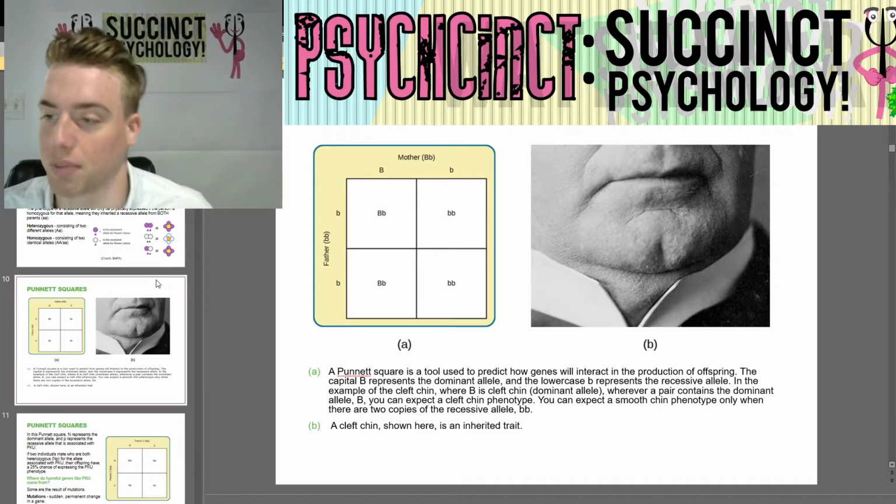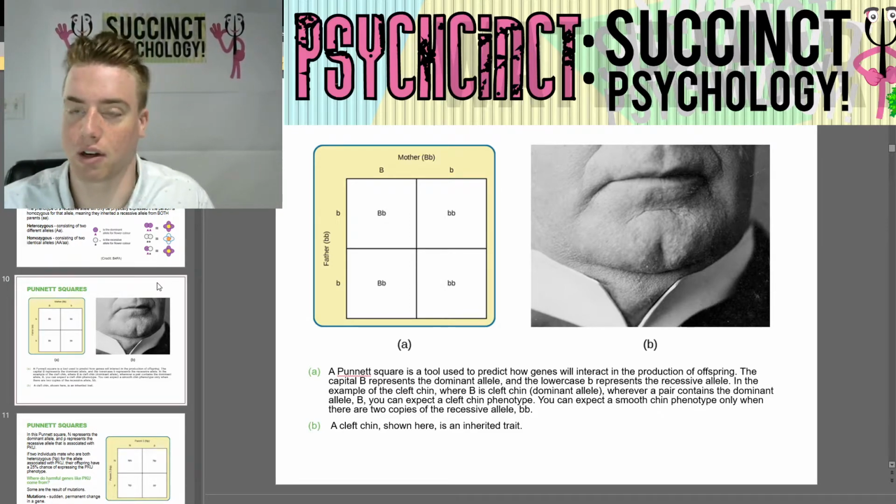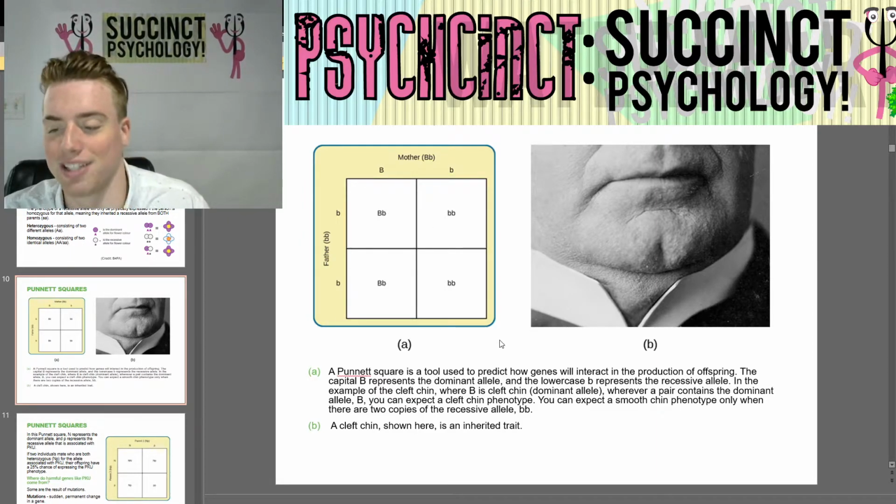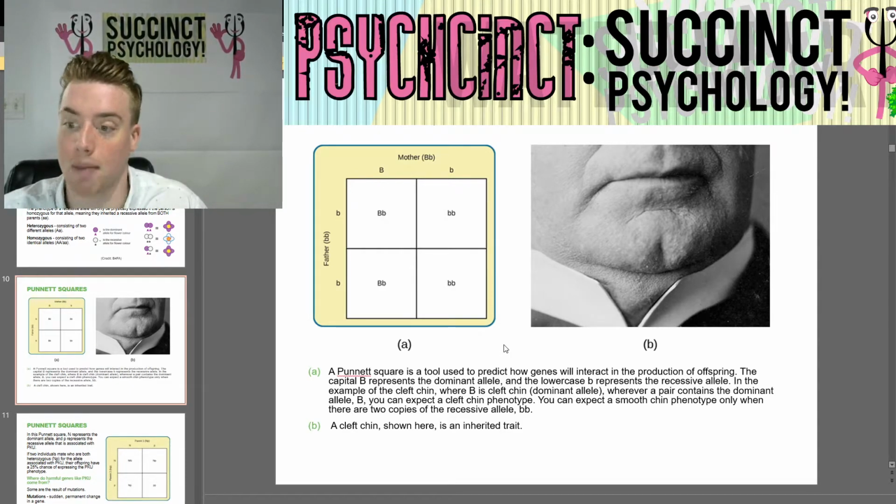This is also something you probably learned about at some point. Here we have two figures, A and B. B is a nice cleft chin. A Punnett square is a tool used to predict how genes will interact in the production of offspring. The capital B represents the dominant allele, and the lowercase b represents the recessive allele.